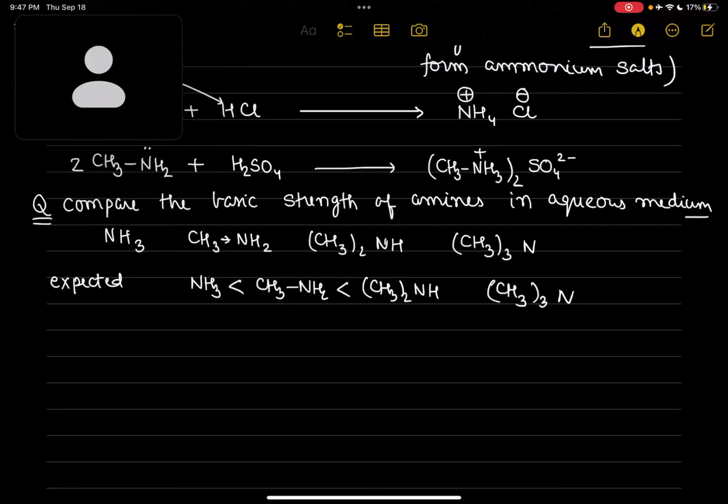Okay. This is the expected trend. But that is not the answer. Is it clear or not? The answer is there is some change in the actual basic strength.